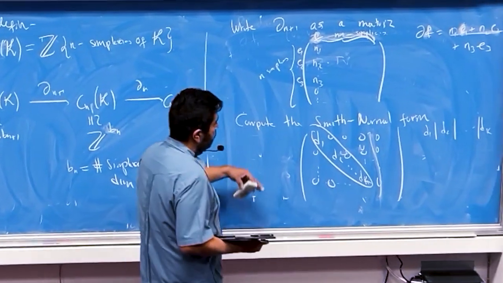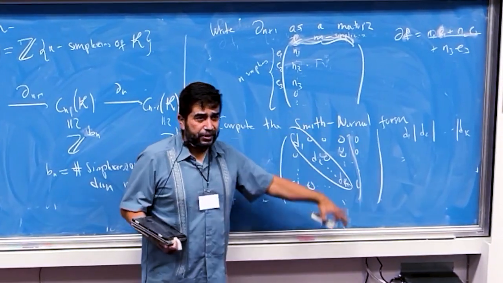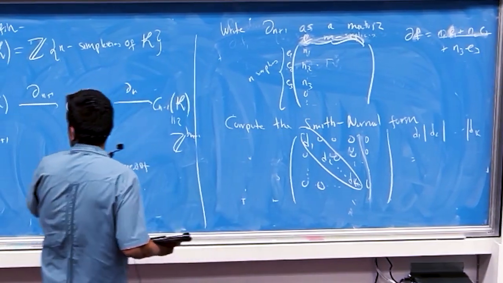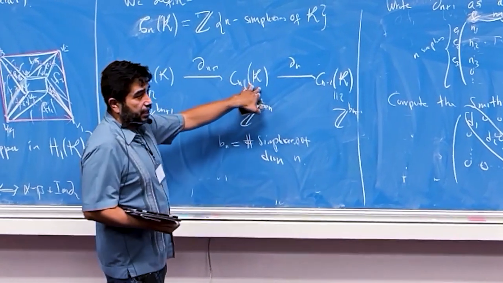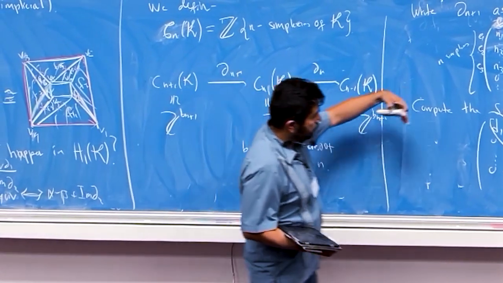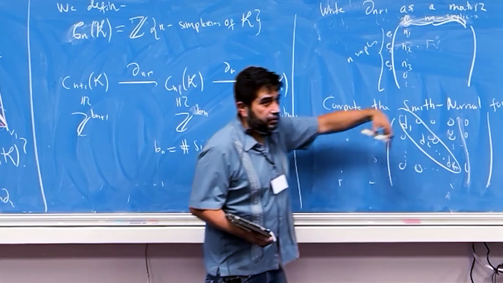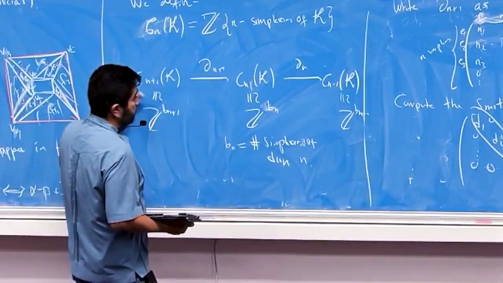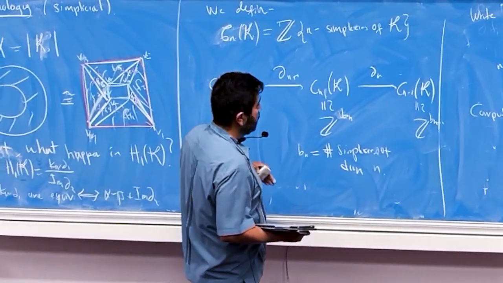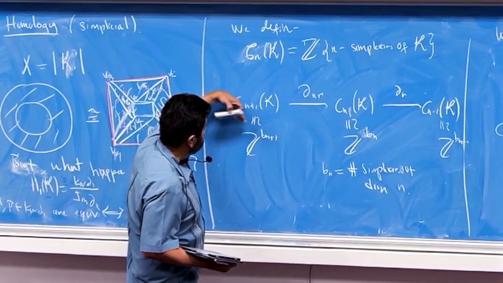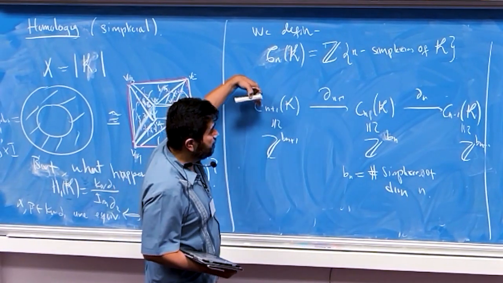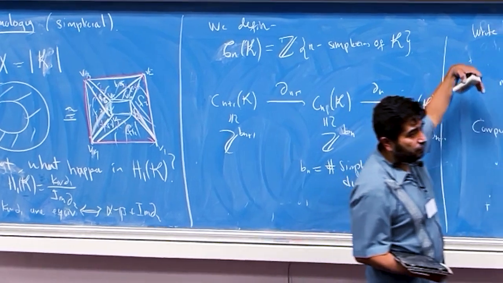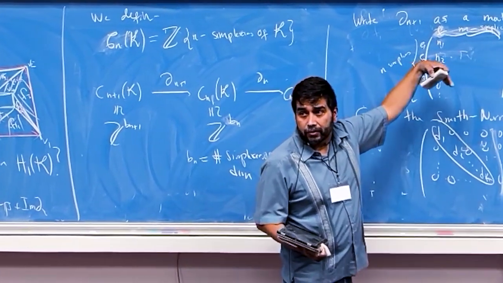Making row operations means changing the base of C_n. Doing column operations means changing the base of this other group. If you change the base here, that means adding columns or subtracting columns.